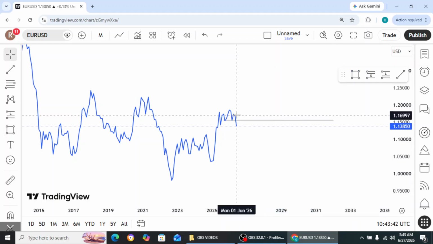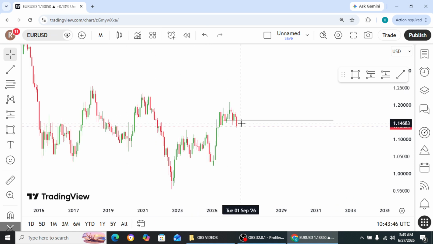Now I'm seeing a break of structure here. Let's go back to the candlestick. You can see this candlestick close outside. This is several months of consolidation, and this candle broke out from that level and went back.